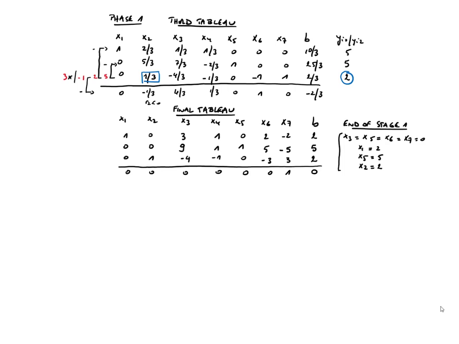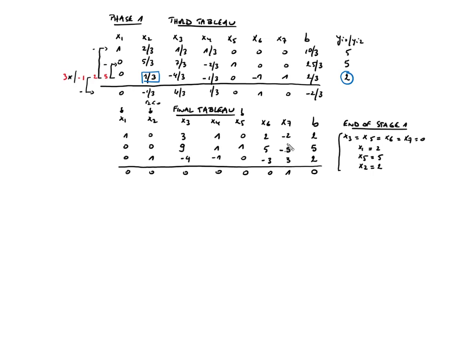So after having performed the row operations, we obtained the final tableau, and we can see that the associated cost is 0, and the associated artificial variable is therefore also 0. We can see that the basic variables are x1, x2 and x5.